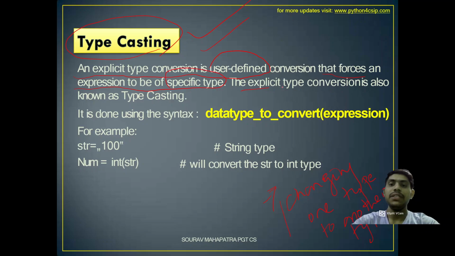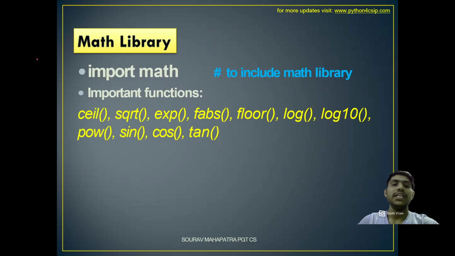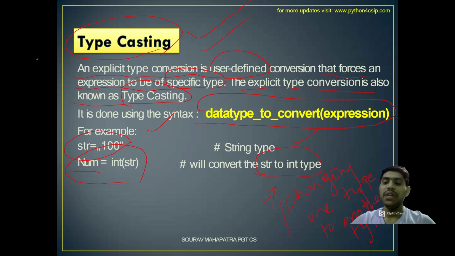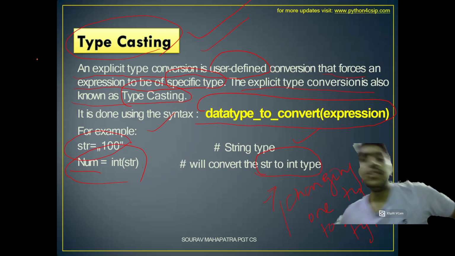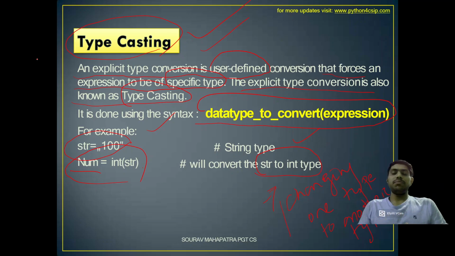Explicit type conversion is also known as typecasting. That means it will force a change from one data type to another data type. The syntax is data type to convert, expression. For example, a string equal to 100 is now changed, and the string will be converted into integer type. That is called typecasting. Clear everyone? The meaning of typecasting is changing of data types from one type to another type.